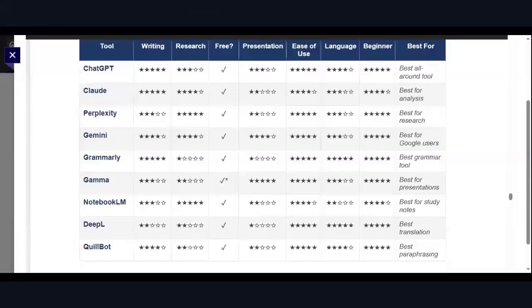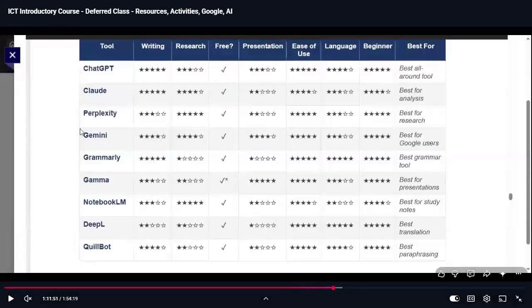Also, we have Quillbot. Quillbot is the best for paraphrasing. That's one that you will need a lot in your regular activities in class.